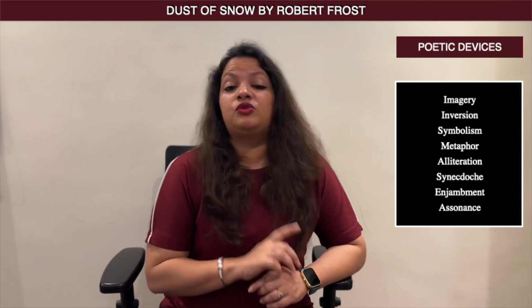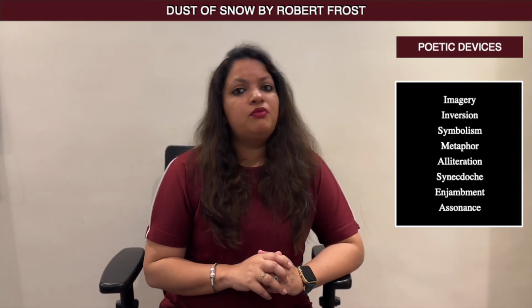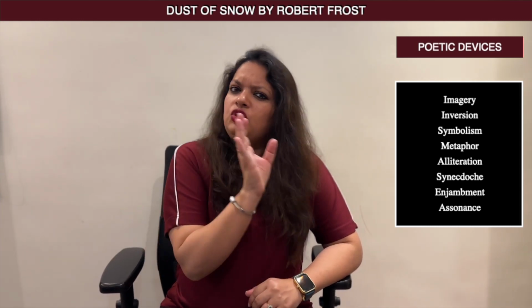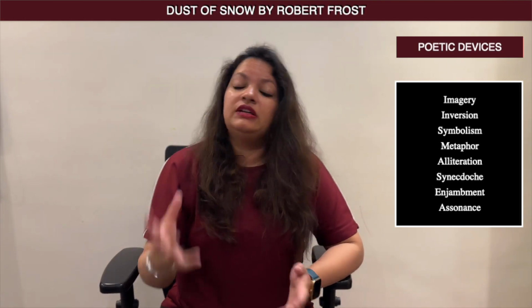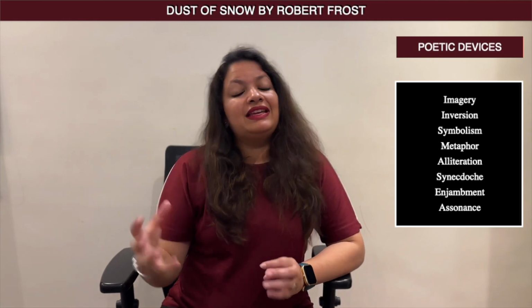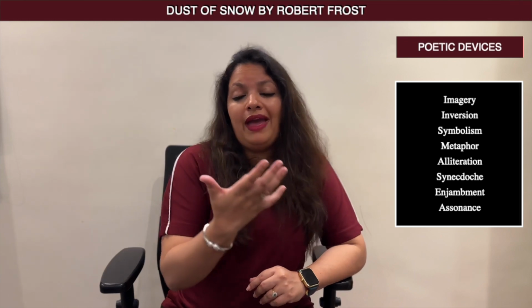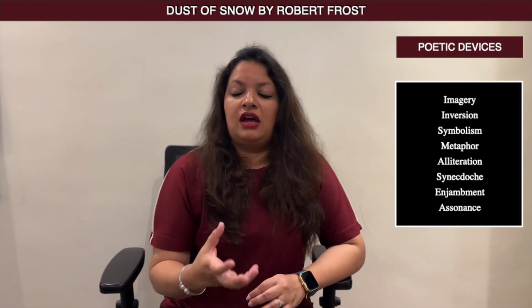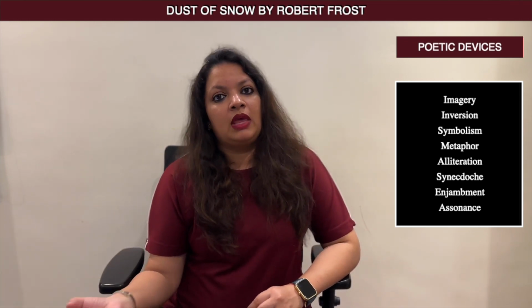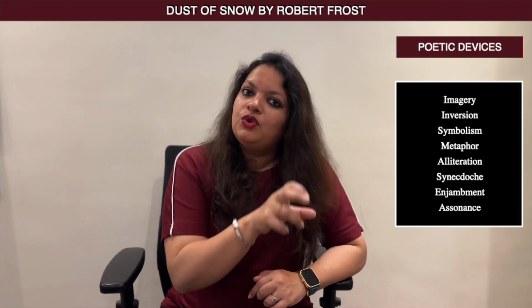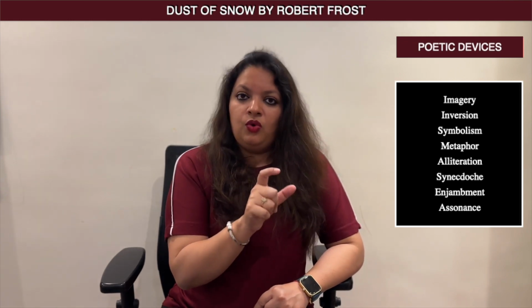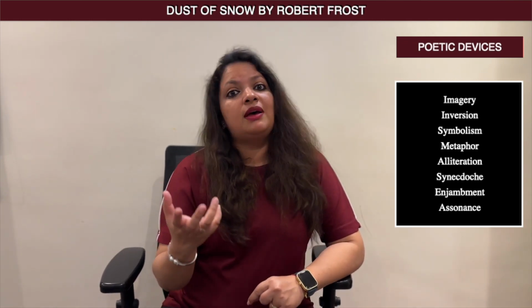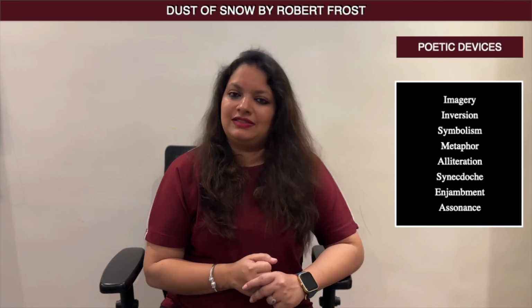The poet has also used symbolism here. Symbolism means when something which is used in the poem is symbolic of, or exhibits something bigger, something which signifies something in life. So here crow and hemlock tree are symbols of bad omen, whereas dust of snow, which is also a metaphor used in the poem, is also referred to something which brings hopefulness in us.